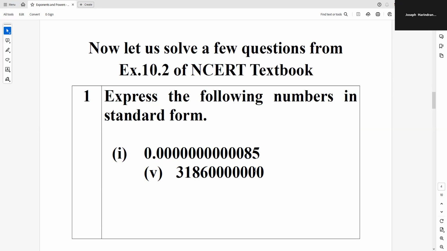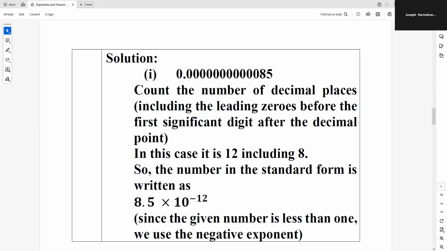Let us solve this first subdivision first. Solution: to convert this in a very easy way, we just have to count the number of decimal places, up to and including the first significant digit after 0.